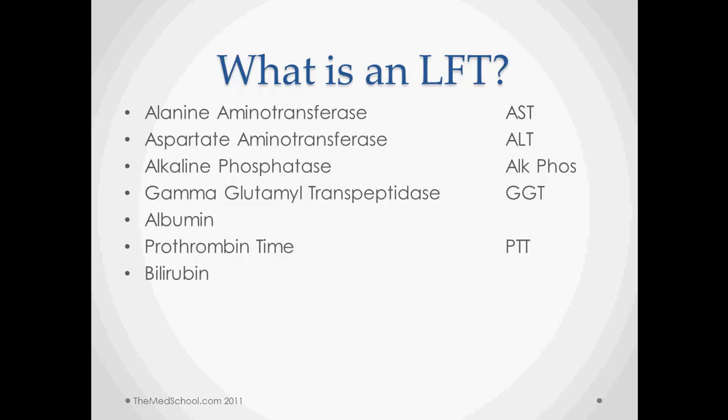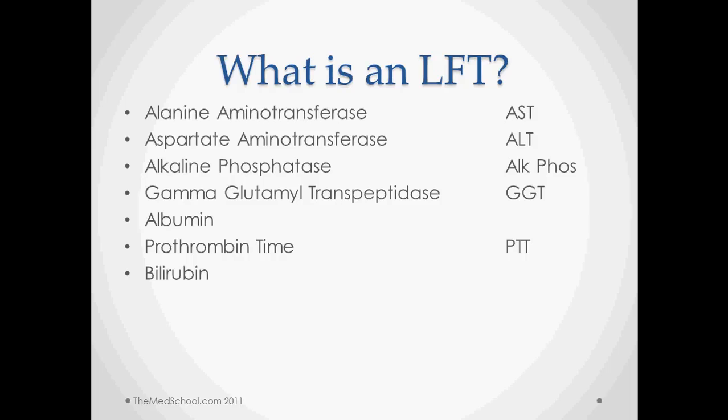Some of these others, like albumin and prothrombin time, are better measures of how well the liver is functioning, because the job of the liver is to produce proteins such as albumin and platelets, and also to detoxify the body. So AST and ALT are the ones that you see most commonly.